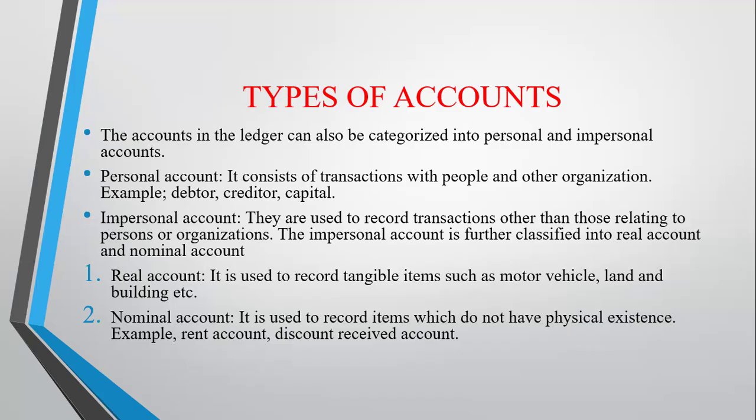All these things we can't see. We can't see rent. We can't see discount received. We can't see electricity expense. They don't have physical existence. Those accounts are what we call the nominal accounts.